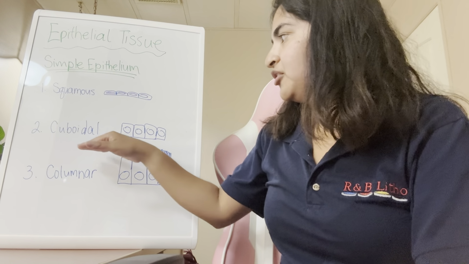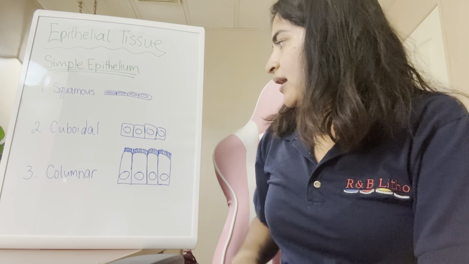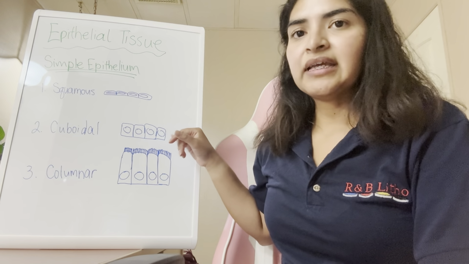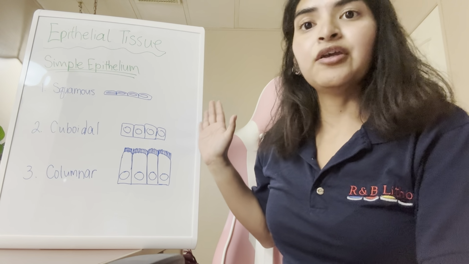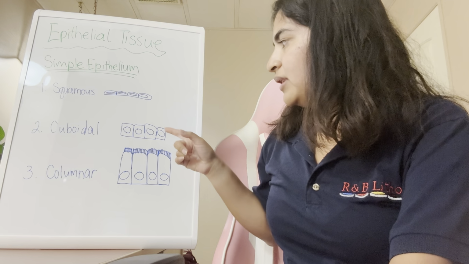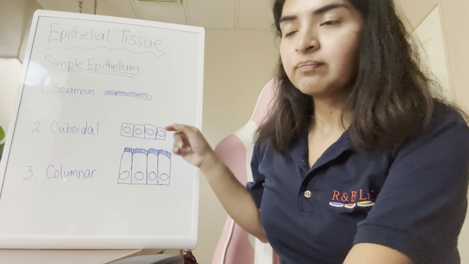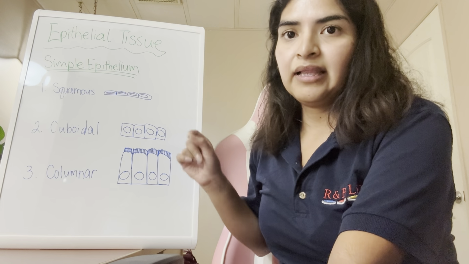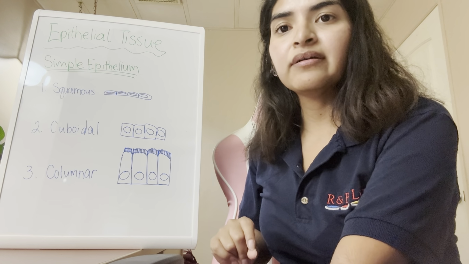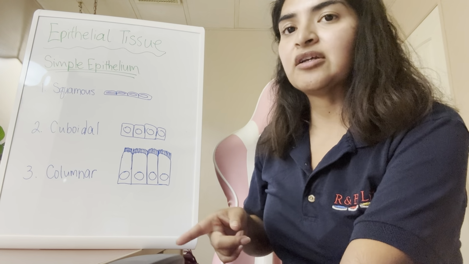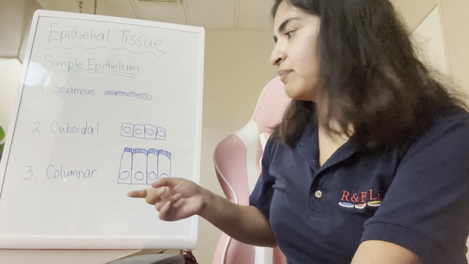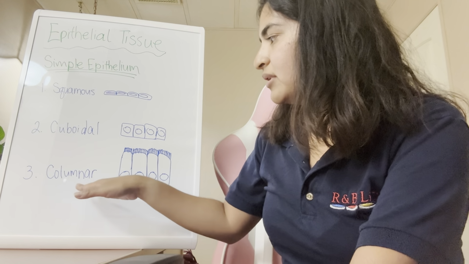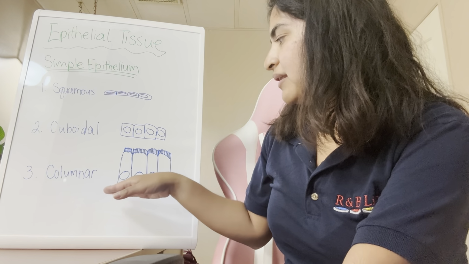And the second one is cuboidal epithelium, and that characteristic, it's more square-like, like a cube, and the nuclei are more in the middle. And it can be found in the glands and the kidney tubules, and its main function is absorption and secretion. And then the third one is the simple columnar epithelium.